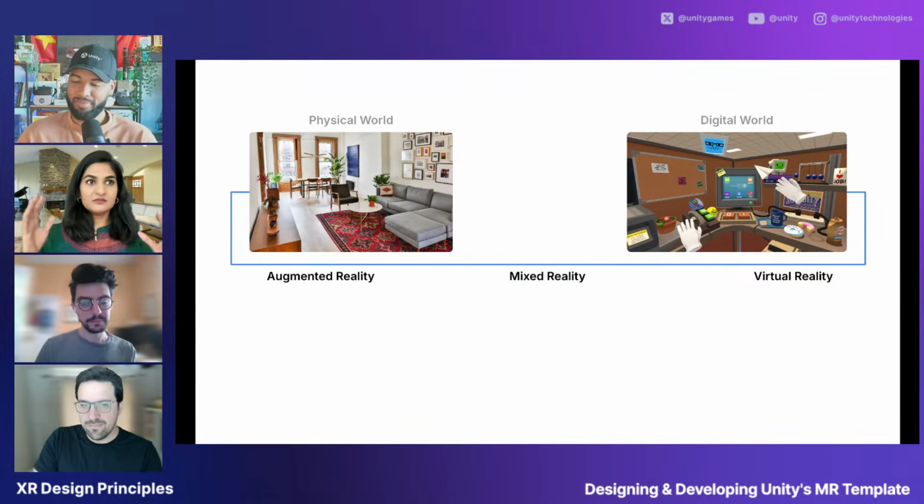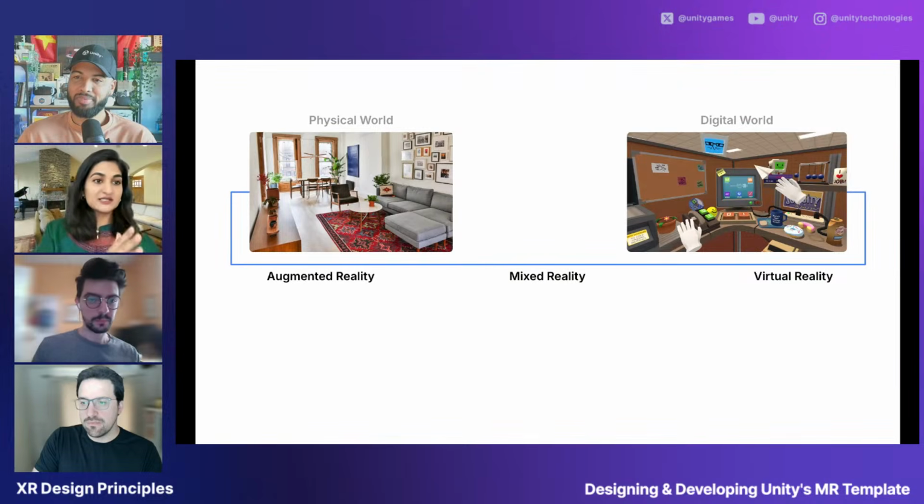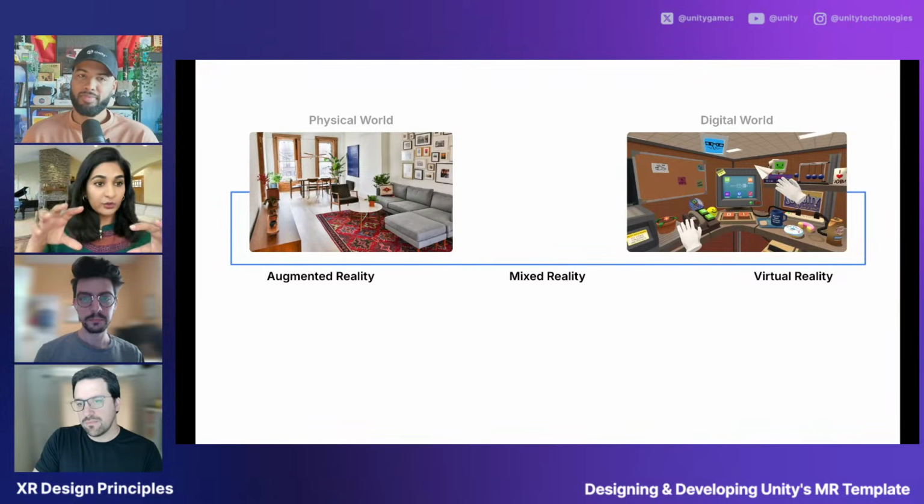Mixed reality is on this whole spectrum. On one side, you have augmented reality, which is the form in which you can see your entire physical world, and then virtual objects get overlaid on top of it. And then the opposite of that would be virtual reality. So the virtual world is going to take over your entire physical world.